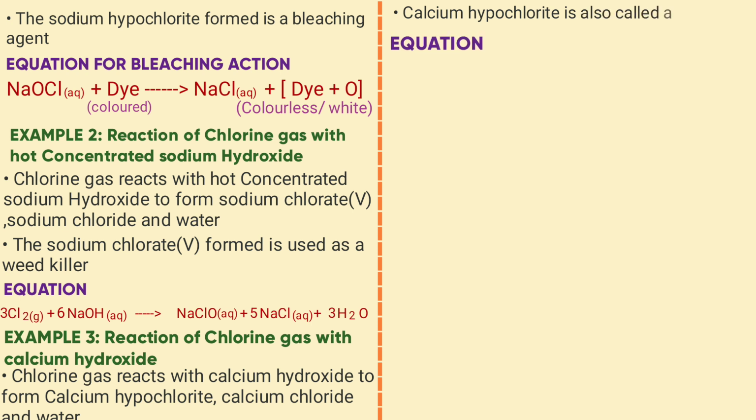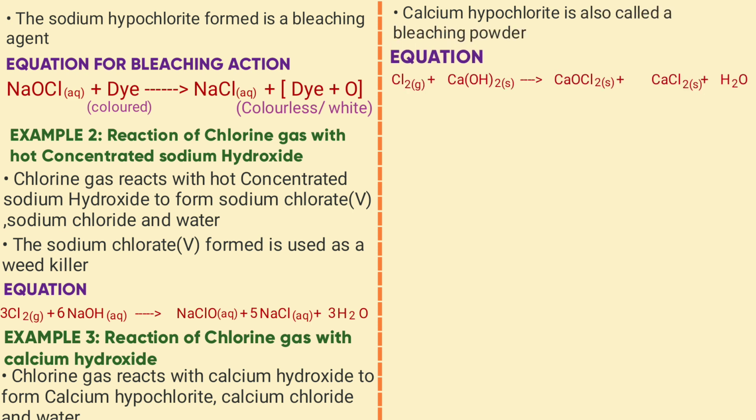Chemical equation: chlorine gas plus calcium hydroxide Ca(OH)2 aqueous, arrow, calcium chloride CaCl2 aqueous plus calcium hypochlorite CaOCl2 aqueous plus water. To balance the equation, place 2 where there is chlorine gas, 2 where there is calcium hydroxide, and 2 where there is water.